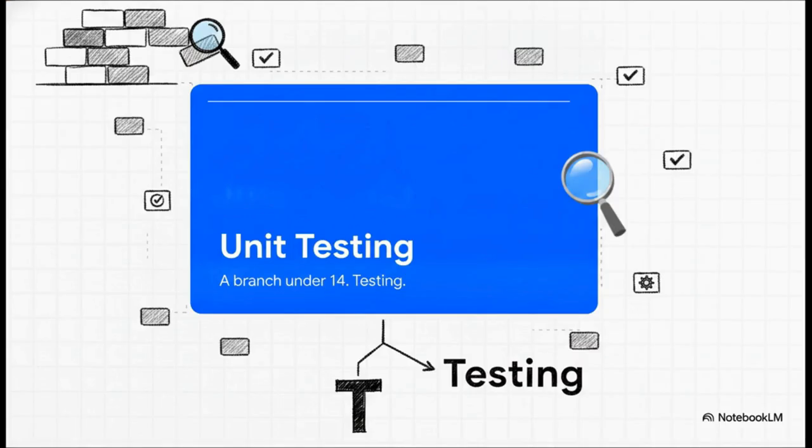It's exactly like guaranteeing a single brick is structurally sound before you go and lay down the mortar. Say you have a helper function that formats dates, or maybe a complex math utility calculating a shopping cart total. A unit test verifies that when you pass in specific data, exactly what you expect comes out. It's incredibly fast, super targeted, and it pinpoints exact points of failure.